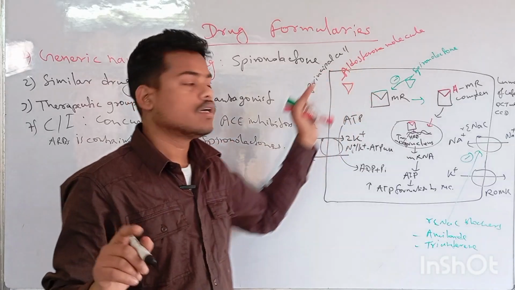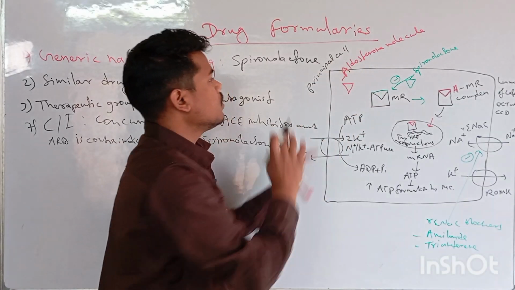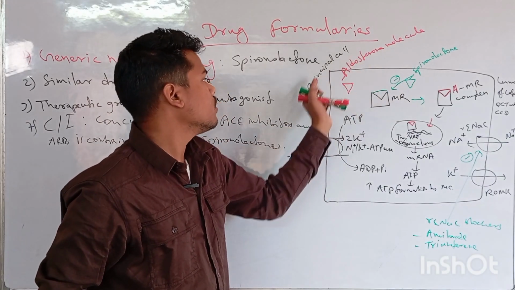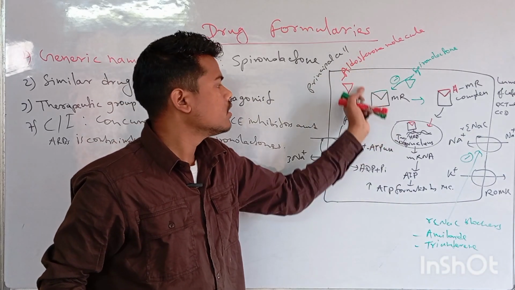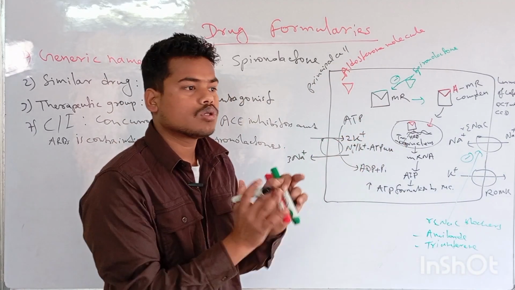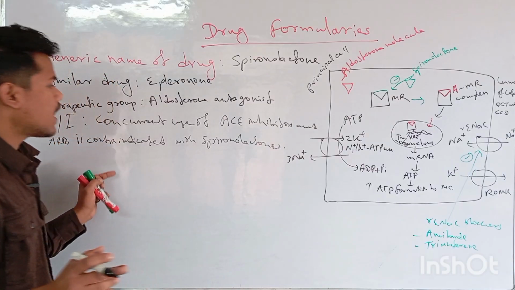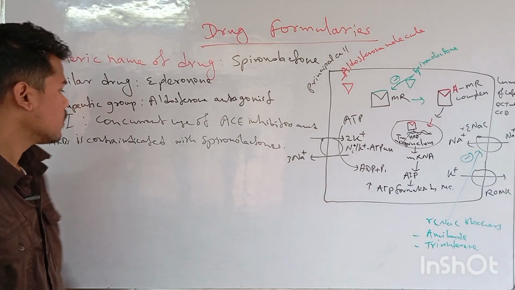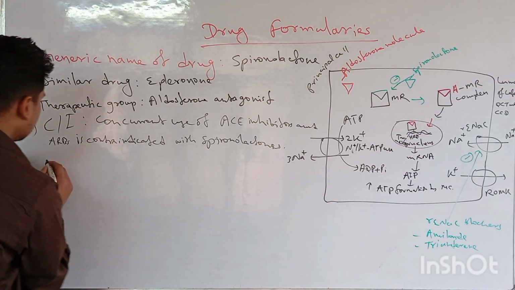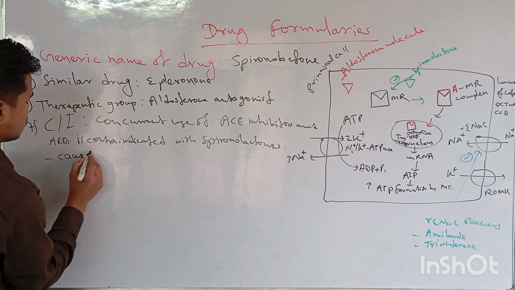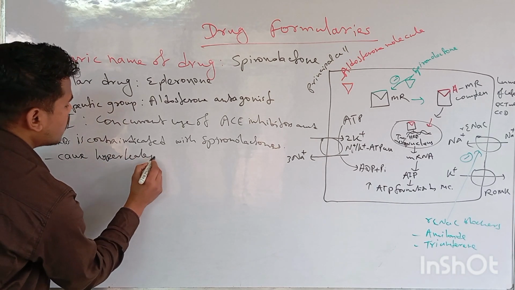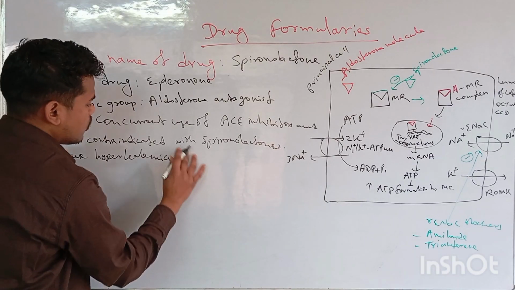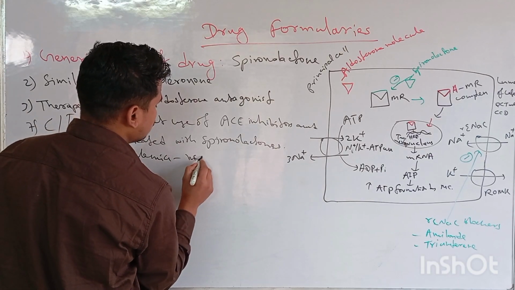There I explained how these drugs decrease the effect of aldosterone, and spironolactone is also decreasing the action of aldosterone. So both combined can cause severe hyperkalemia. So concurrent use is contraindicated, and this is a frequently asked MCQ and viva question.